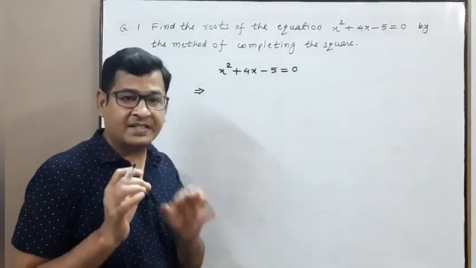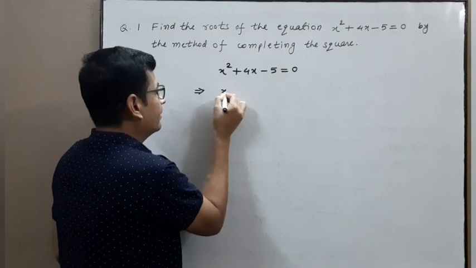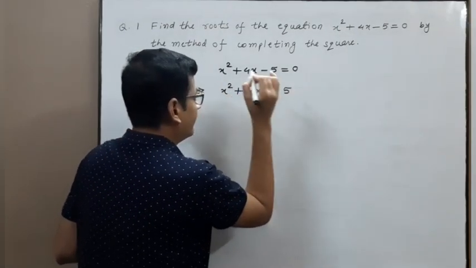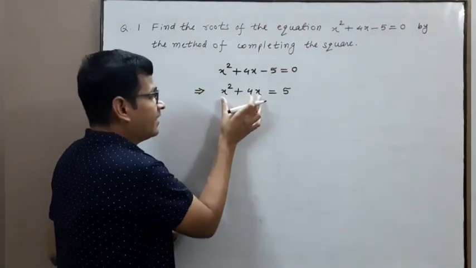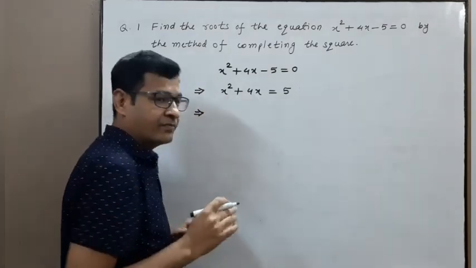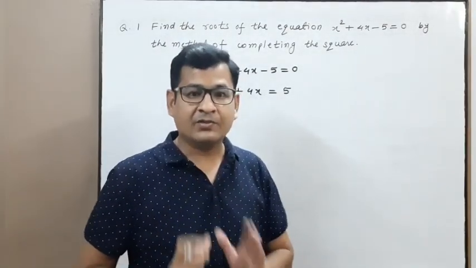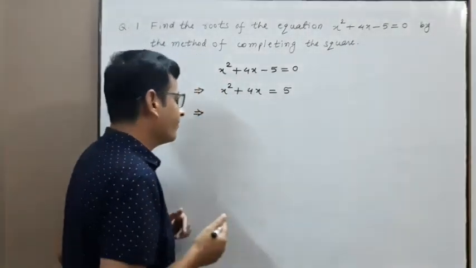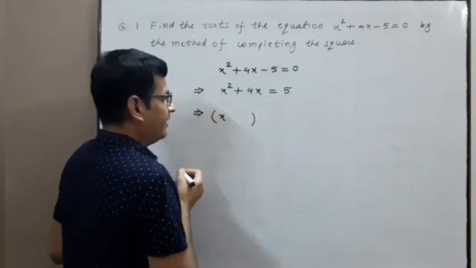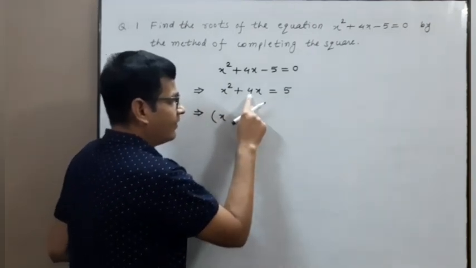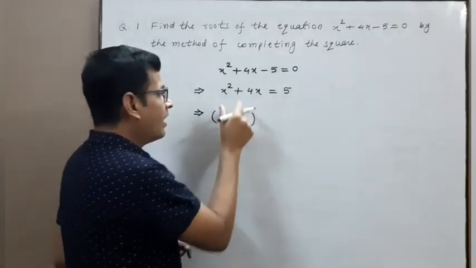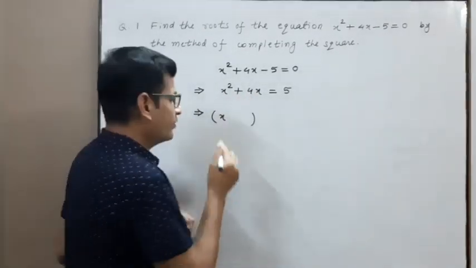Variable means which contains x. x square plus 4x equals 5. Now there are two terms on the left hand side. Convert these two terms in the form of x minus a whole square minus b square. For this, in the bracket write x and half of the coefficient of x with sign. Coefficient of x is plus 4. So half of plus 4 is 4 divided by 2. So we get plus 2.